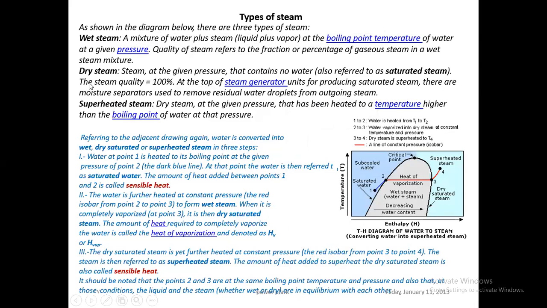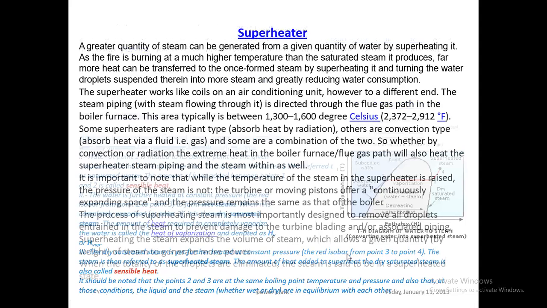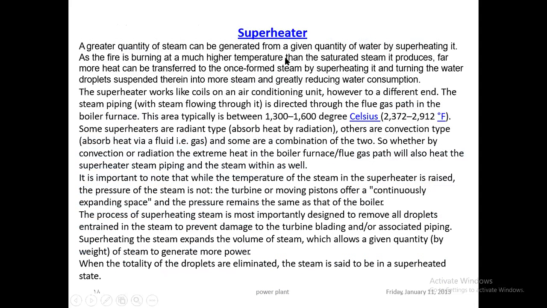That particular steam is called superheated steam, and this level can be achieved by first getting the wet steam, then drying that steam, and then superheated steam would be formed. Hopefully, all the concepts are clear at this level. So these are the types of steam. The rest I skip from this slide and come to the superheated steam.